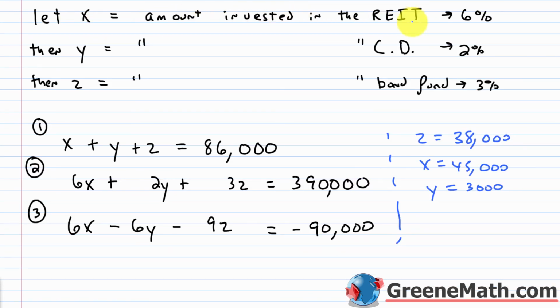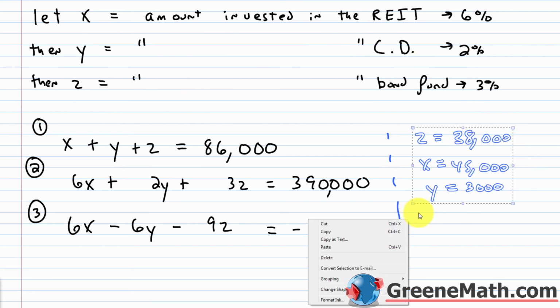Okay, so now I want you to remember what x, y, and z represent. X is the amount invested in the REIT. Y is the amount invested in the CD. Z is the amount invested in the bond fund. So let's take this up.